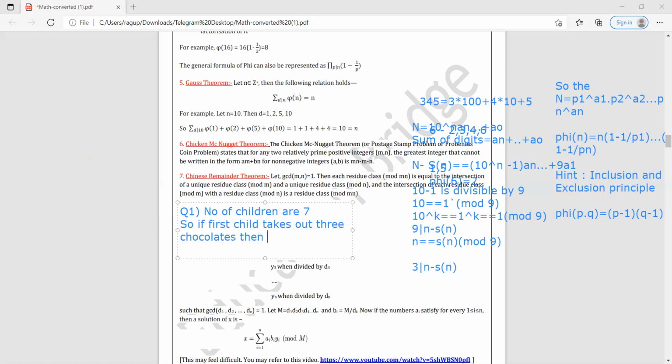Then the other 6 can distribute the chocolates equally among themselves.